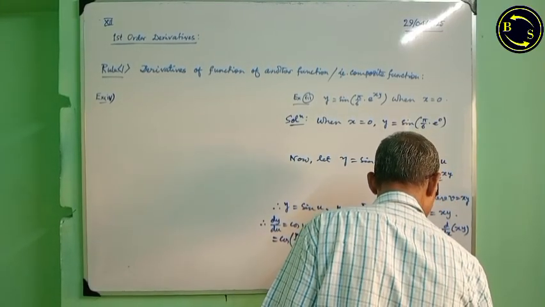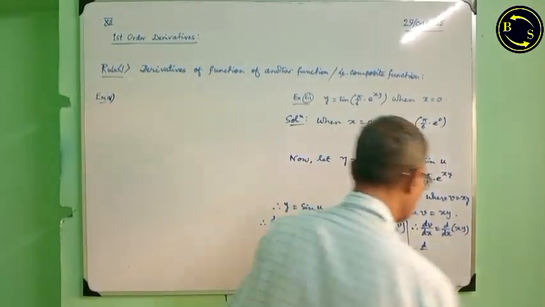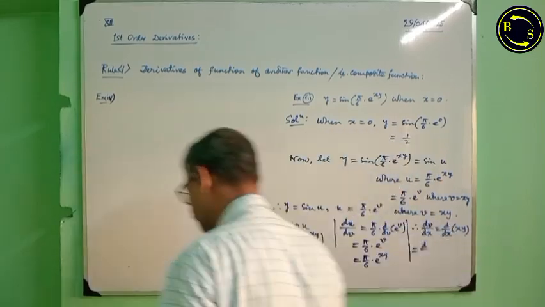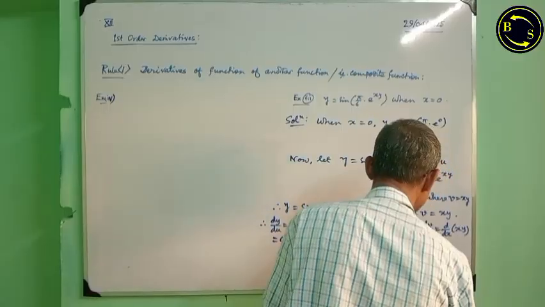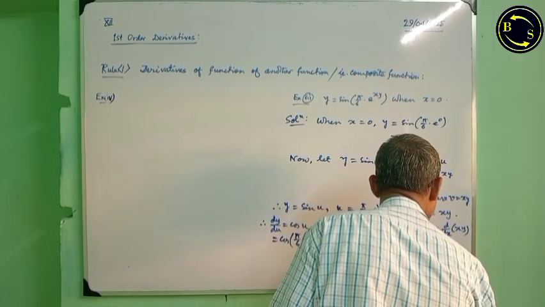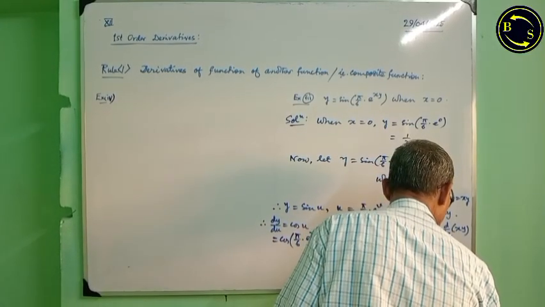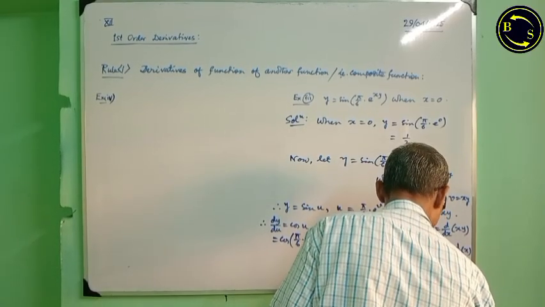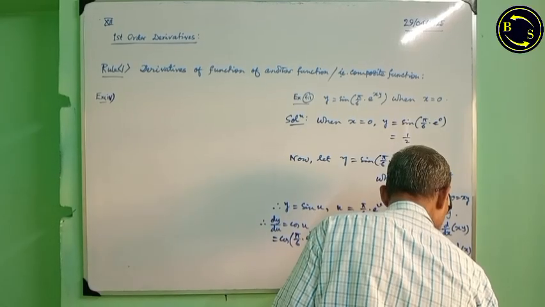Now xy means product form, therefore that will be equal to x into dy by dx plus y into d by dx of x, which is equal to x dy by dx plus y.